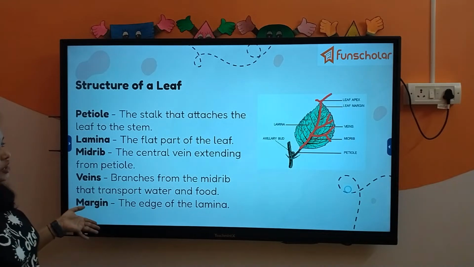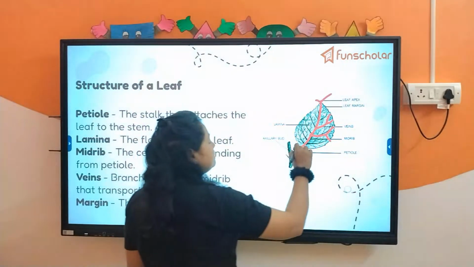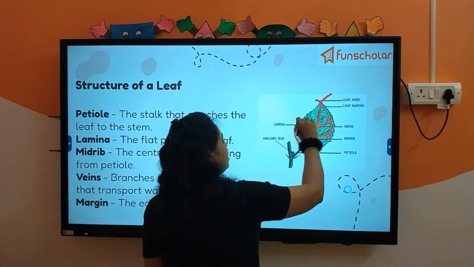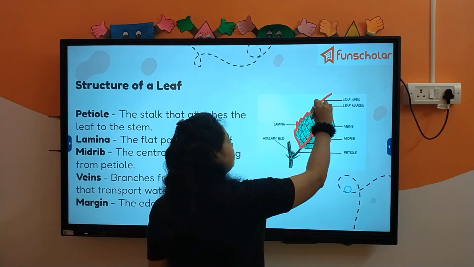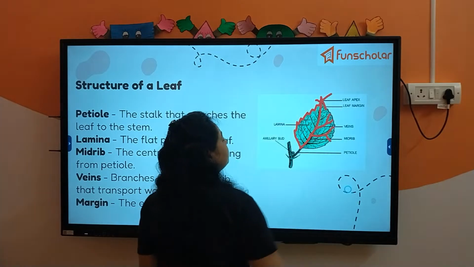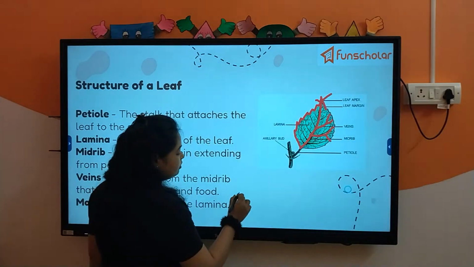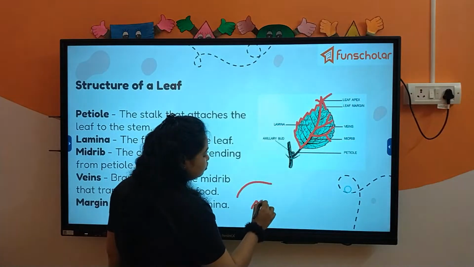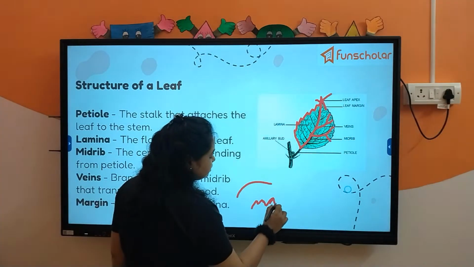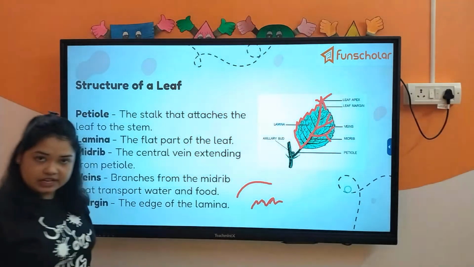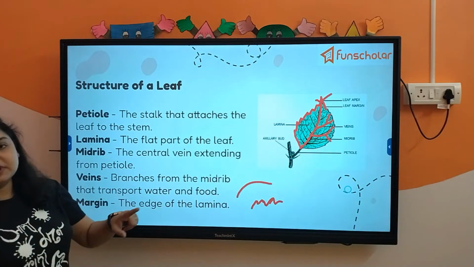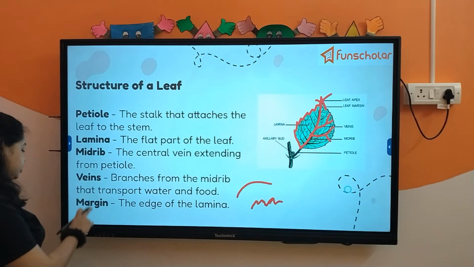And the leaf margin. What is this leaf margin? Means the boundary. Margin means the boundary of the lamina. So this is the boundary. Either it can be a smooth one or it can be toothed or with notches. We will study that subsequently. But the boundary of the lamina is known as the margin.